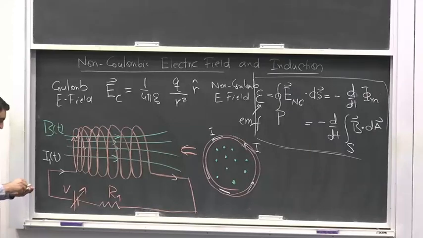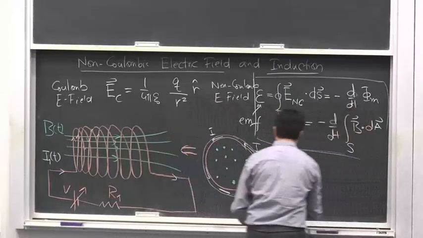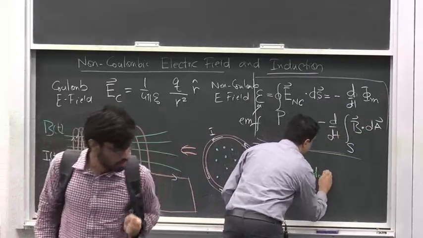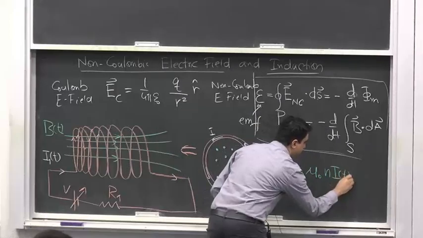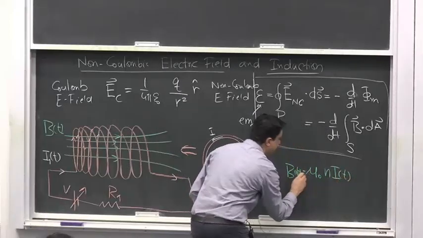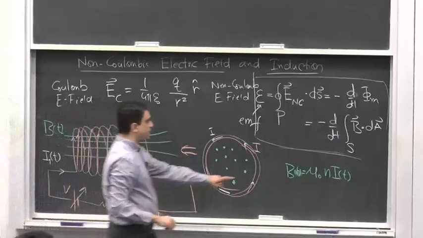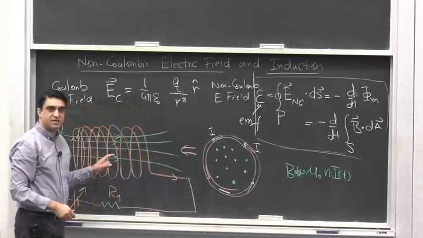Then the magnetic field is given by B equals mu naught n I, and because I is a function of time, I can write that the magnetic field is also a function of time, where n is the number of loops in the solenoid per unit length.